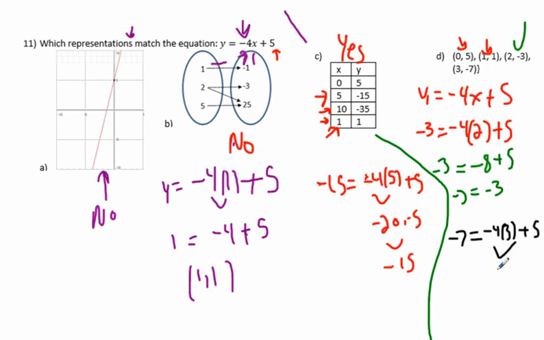Negative 4 times 3 is negative 12 plus 5 equals negative 7. Negative 12 plus 5 is equal to negative 7. So yes, it does satisfy this equation. It does make this equation a true statement. They are all solutions, so D also is a yes. So A no, B no, C yes, D yes.